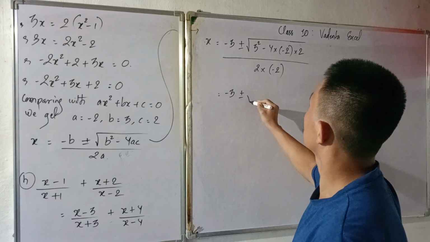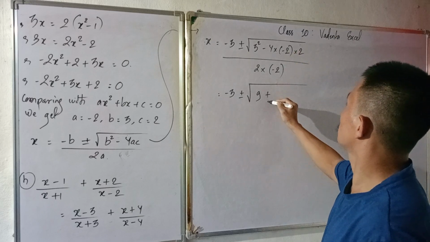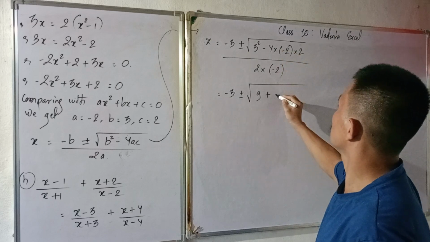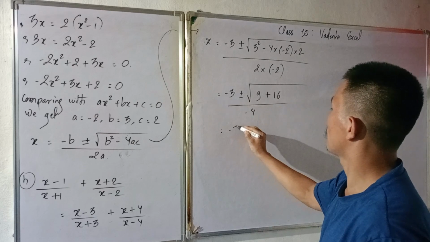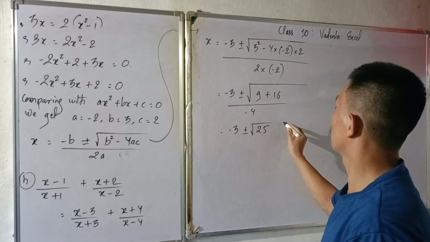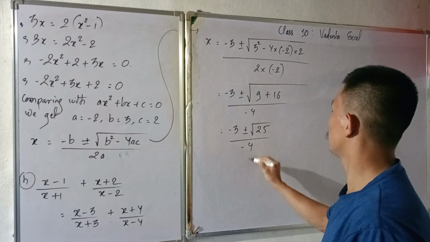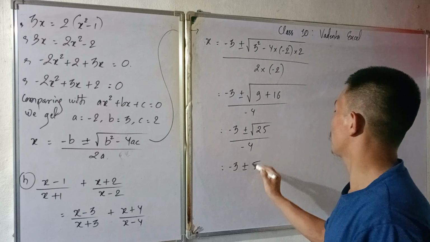Minus 3 plus minus, 3 square is 9, so this here plus 4 times 8 is 16, over minus 4. Now this becomes minus 3 plus minus 25 over minus 4, minus 3 plus minus 5.